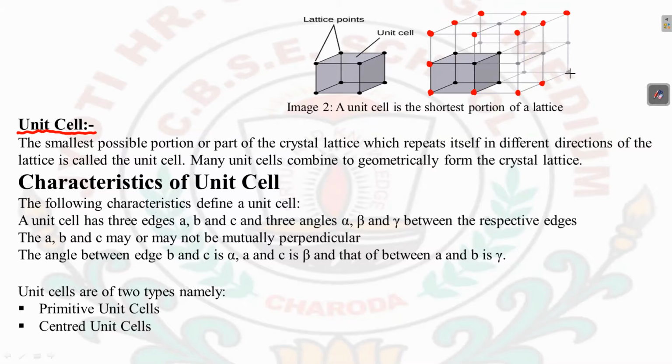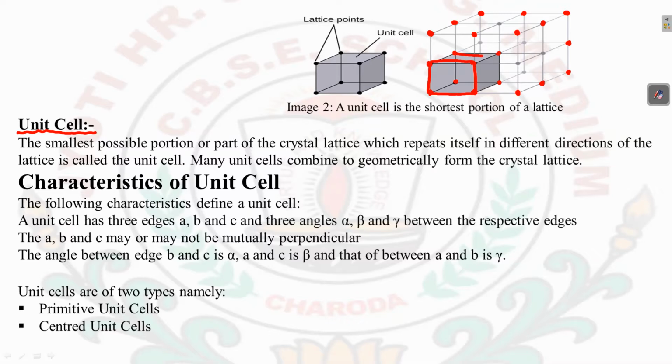Lattice points mean that these lattice points are denoting the position of the particles which constitute this crystal. Now, taking the consideration for a single part of this crystal lattice, I am considering this single cubical structure here. I am marking it with red color.